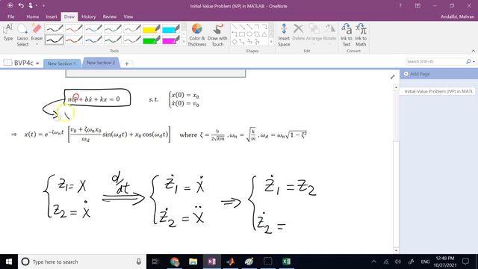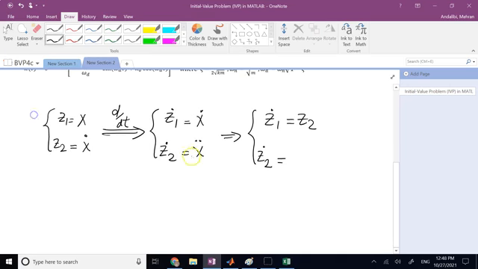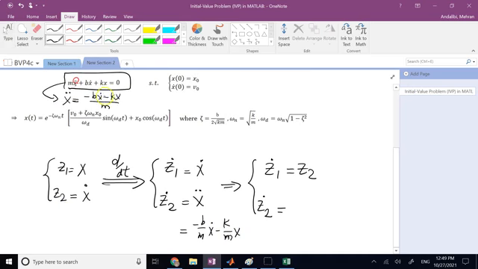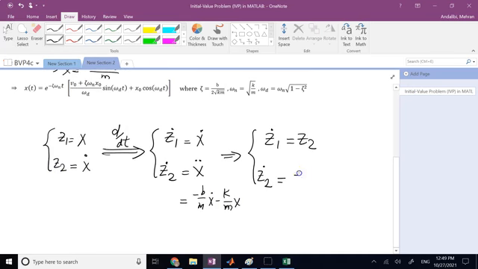From here, clearly your x double dot, which is z2 dot, is negative b x dot, negative k x divided by m. Right? So this thing here is negative b over m x dot, negative k over m x, correct? That's what you have here. And so it's going to be negative b over m, but x dot itself is z2, and negative k over m x, and x is z1.